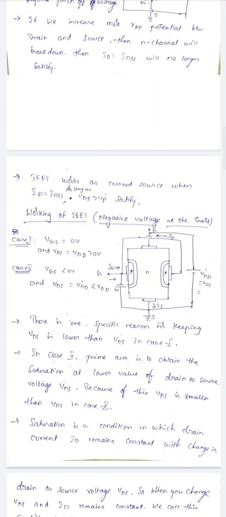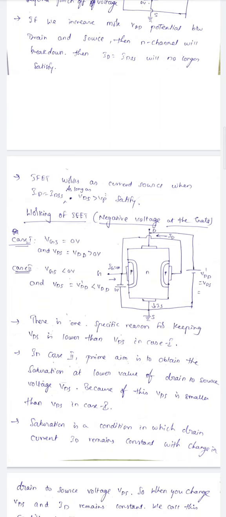We are trying to get it in the same manner, that is, ID should be constant even though we are increasing the potential between drain and source.